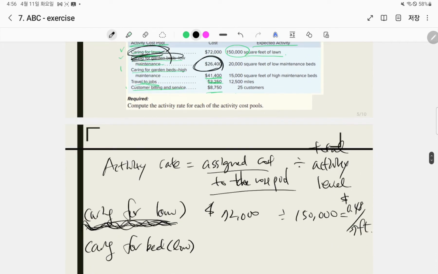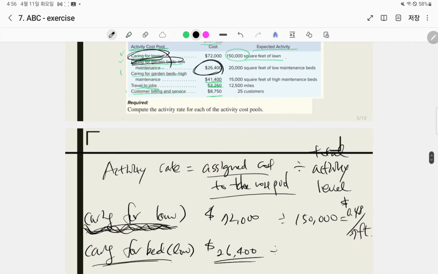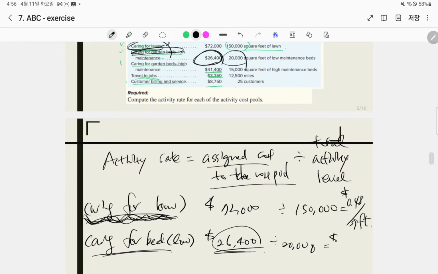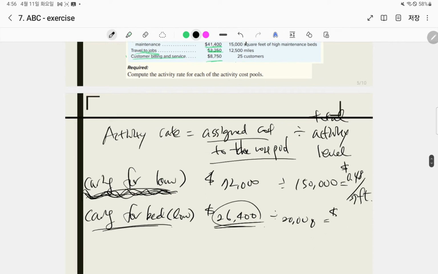So in total, $26,400 are assigned to this activity, and you divide this number by the expected activity, 20,000 square feet. Then the activity rate is $1.32 per square foot. Okay.